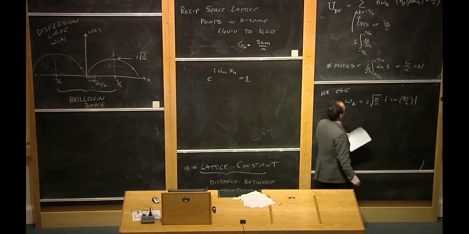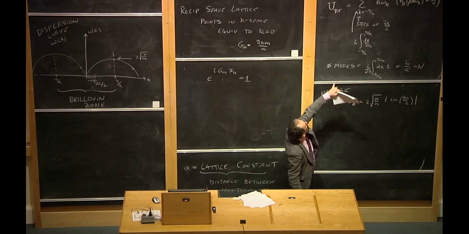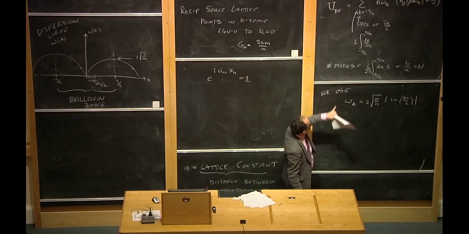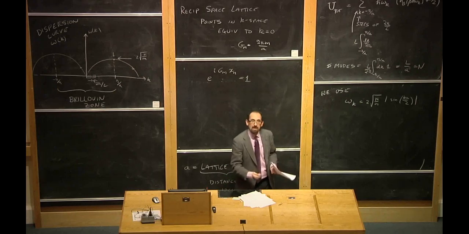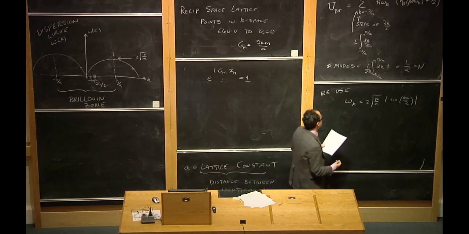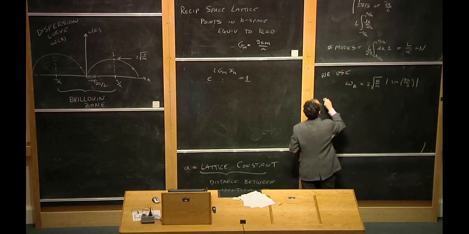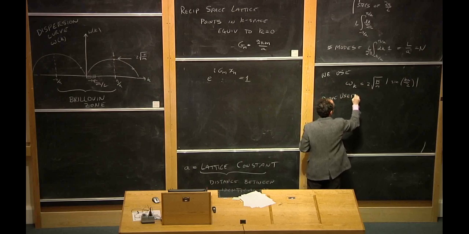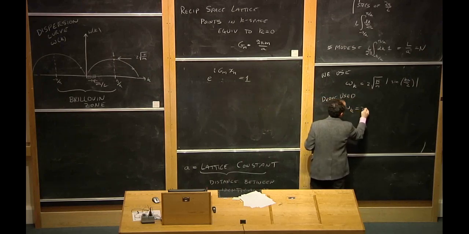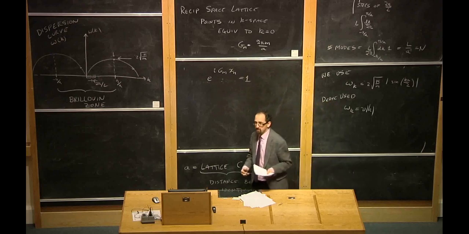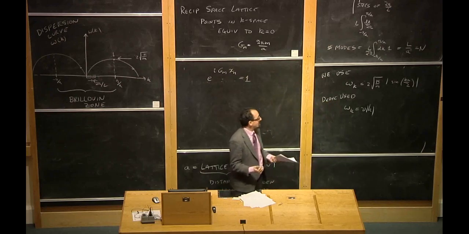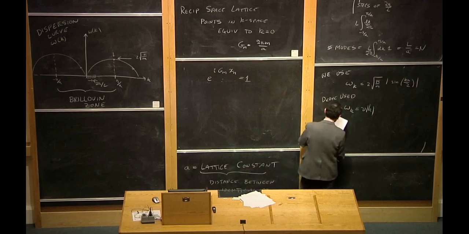And if we plug that into that sum, which we can turn into an integral, we will get the exact amount of energy in that system at any given temperature, and you can differentiate it to get the heat capacity. Debye used omega k equals v sound times absolute value of k, which agrees pretty well at small k, but doesn't agree at large k. But it was a pretty good approximation.